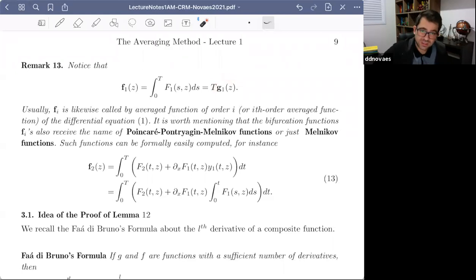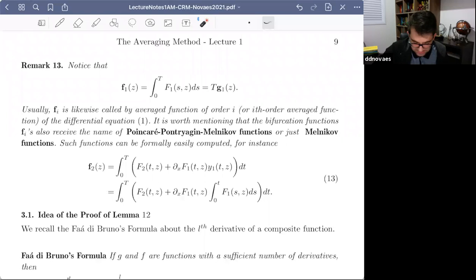Okay, so this function is usually called the average function in the research literature. You can find it being called the average function. However, it's also called the Poincaré function, or Melnikov function, because it's a kind of Melnikov method which allows us to expand the Poincaré map in Taylor series.